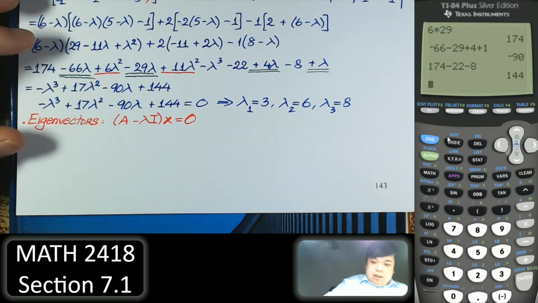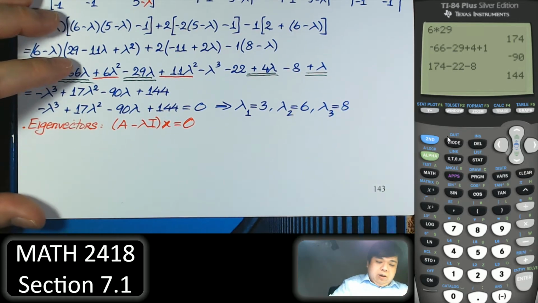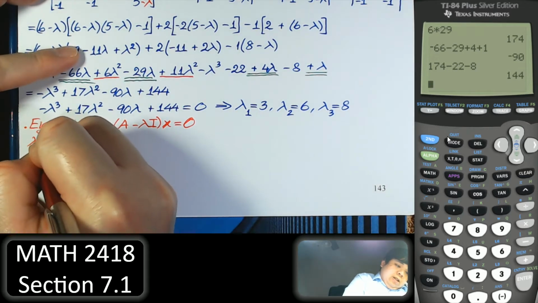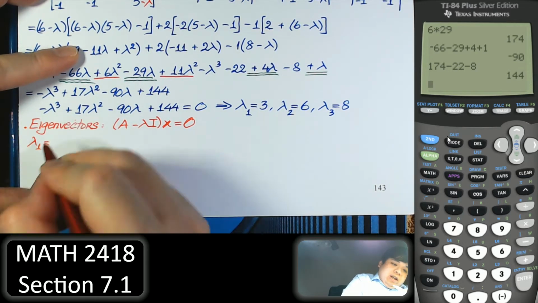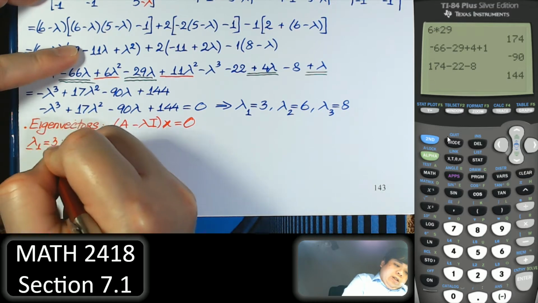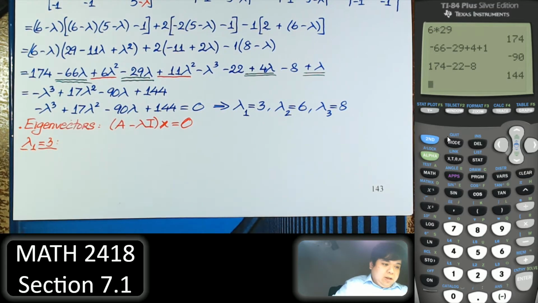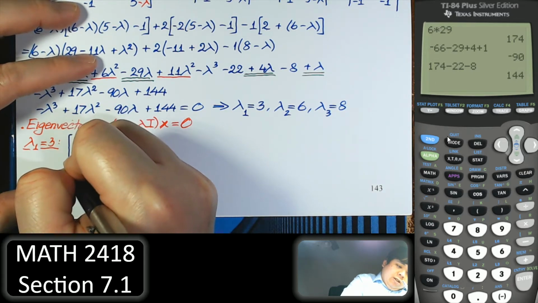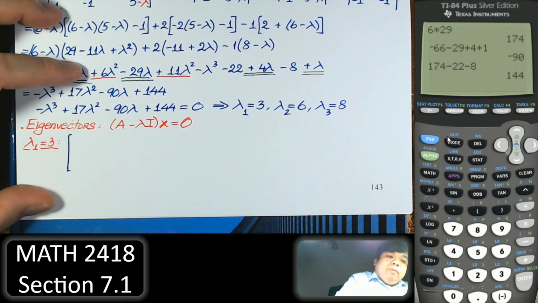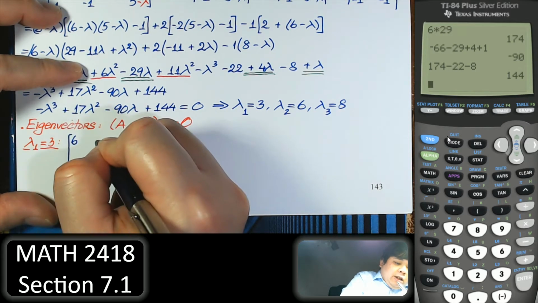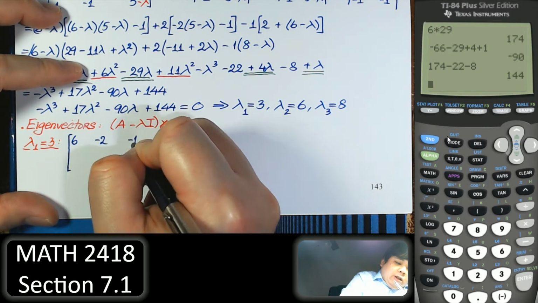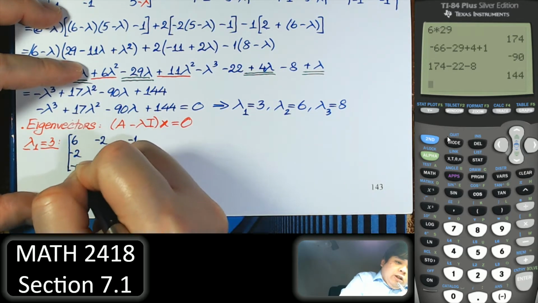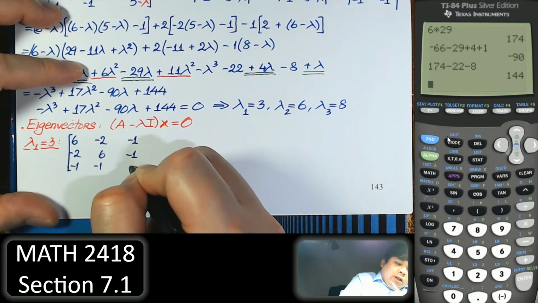Right. So first we have the eigenvalue of 3. So I'm going to subtract the matrix 6, negative 2, negative 1, negative 2, 6, negative 1, negative 1, negative 1, and 5.